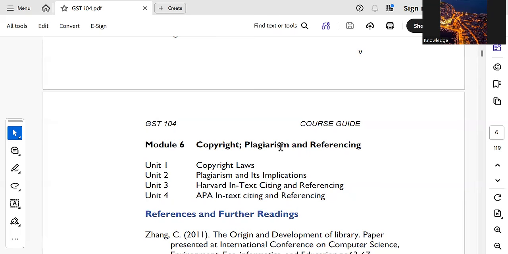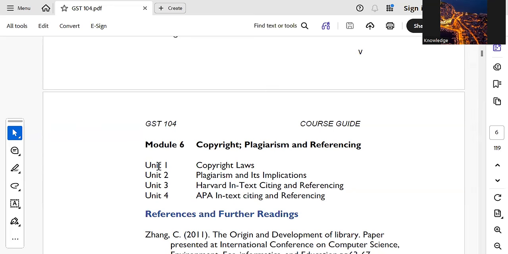So if you really need something of quality like that, you sit down yourself and come up with your own. You may read his, get ideas from there, develop it or redevelop it, and come up with new ways of presenting it. Then you have your own original version. That's what we talk about with copyright, plagiarism, and referencing.